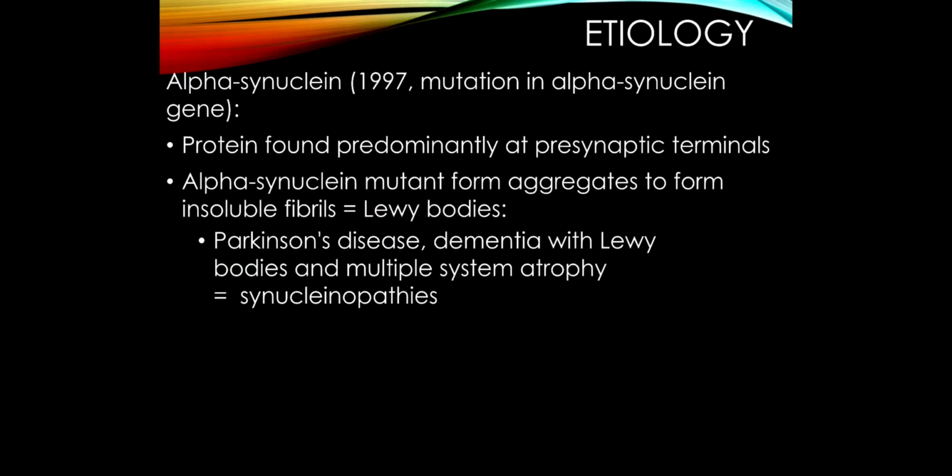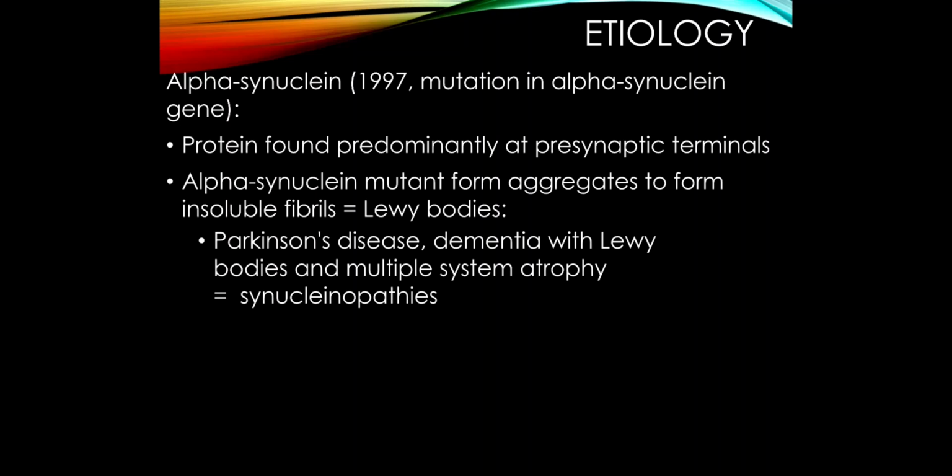All right, so what is a Lewy body? Well, in 1997, they found mutations in the alpha-synuclein gene. So the abnormal protein, and that's really where the whole direction of neurodegenerative disorders is going, is the abnormal protein and the gene that's associated with that.